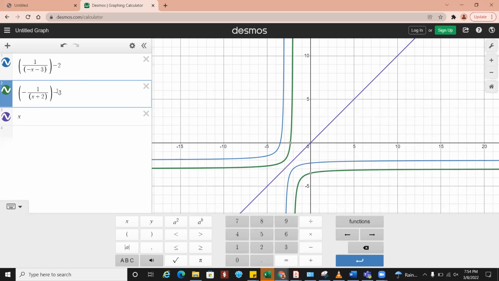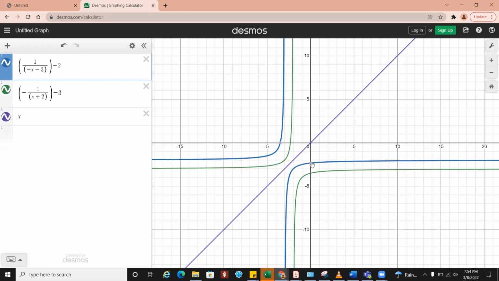And so like I said, you should be able to go, okay, if the point 0, -2.33 is on this graph, then I should have -2.333, 0 on this graph. So here it is again. This point, which is on the original function, is right here, and it's the same thing when you flip it to be on the inverse function, which is right here. Okay, that's how you know you did it right.